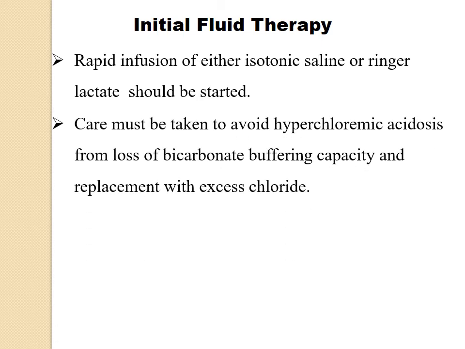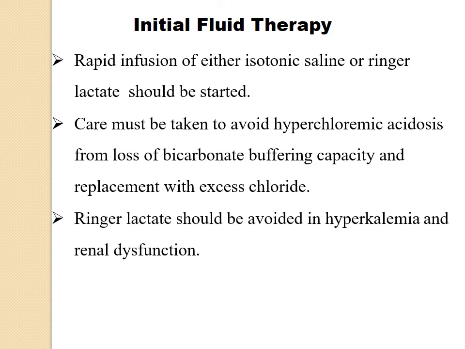Then take care to avoid hyperchloremic acidosis from loss of bicarbonate buffering capacity and replacement with excess chloride. Then Ringer lactate should be avoided in hyperkalemia and renal dysfunction. Do note this point, this is very important: in hyperkalemia and renal dysfunction we should avoid Ringer lactate.